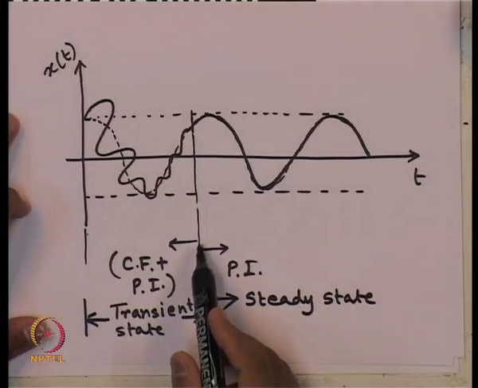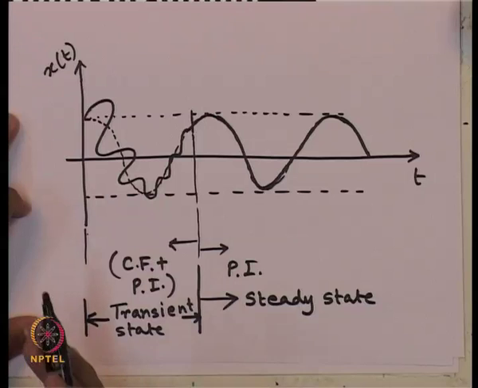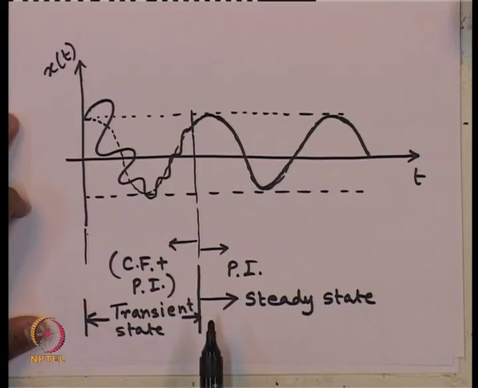So, beyond this point, where the initial conditions of the system vanish or die down, is called the starting of the steady state response. This is called steady state response, and this state is called transient state response.